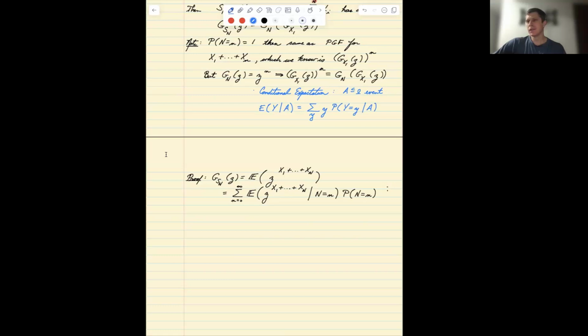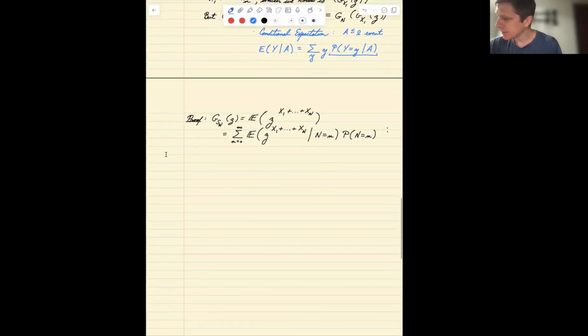So that's the definition of conditional expectation. As we've seen before, the conditional probability is a probability distribution, so it is in fact a valid probability mass function. So when we condition on the event A, the variable Y is effectively a totally different random variable because it behaves differently, and the behavior is captured by the conditional probability. So that's all that this conditional expectation is down here.